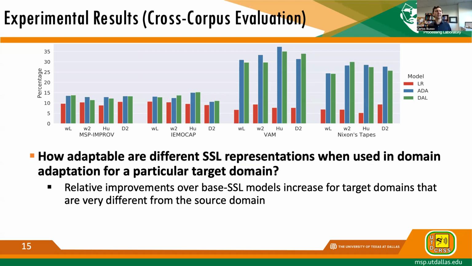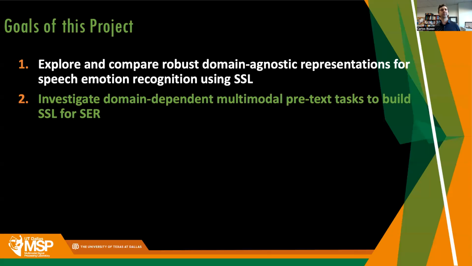What we found is that for databases that are very similar to the recordings of the MSP-Podcast, you see lower performance gains after adaptation. For example, you see a small gap for the MSP-Improv and the IEMOCAP databases. But when you go to domains that are quite different, in language, in emotional distributions, like in the BAM database, or in the Nixon tapes, where you have quite different environmental conditions, you will see a huge improvement in performance.